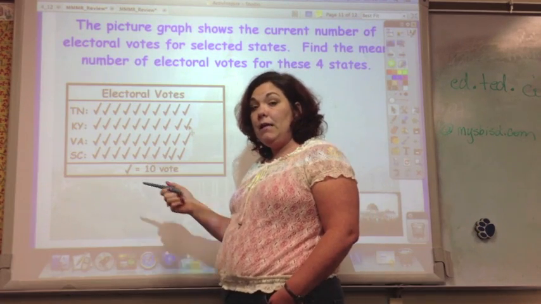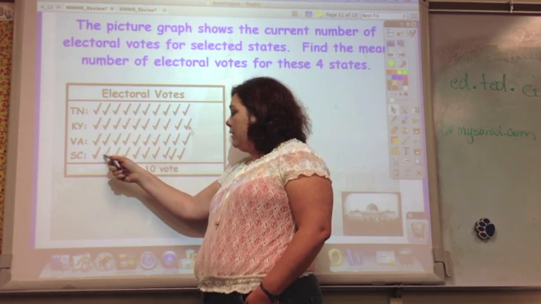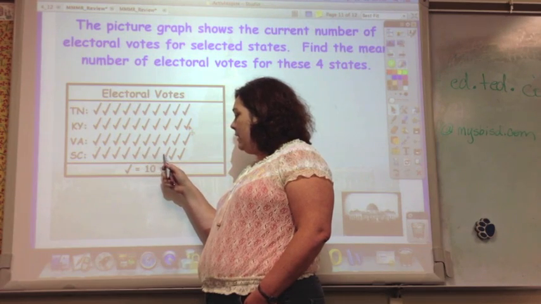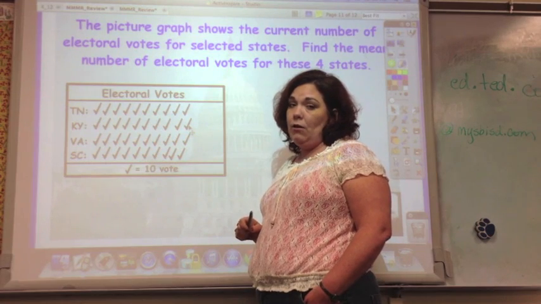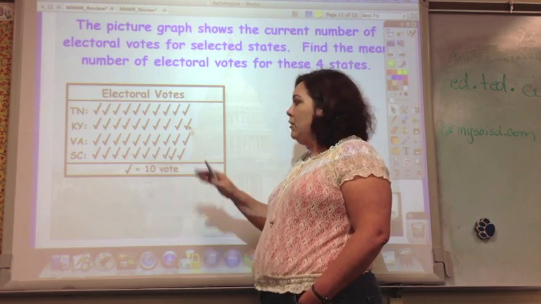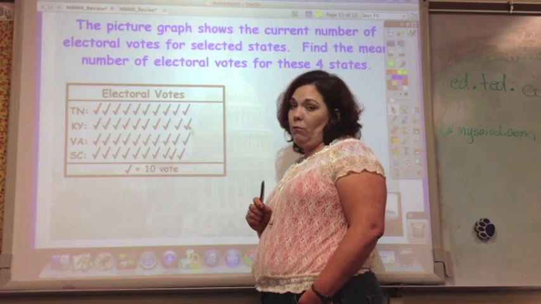And then I would count them up, and each check mark is worth 10. 10, 20, 30, 40, 50, 60, 70, 80, 90, 100. So it's 100 is the mean, or the average. And it's how much, if they were split equally, each one would get.